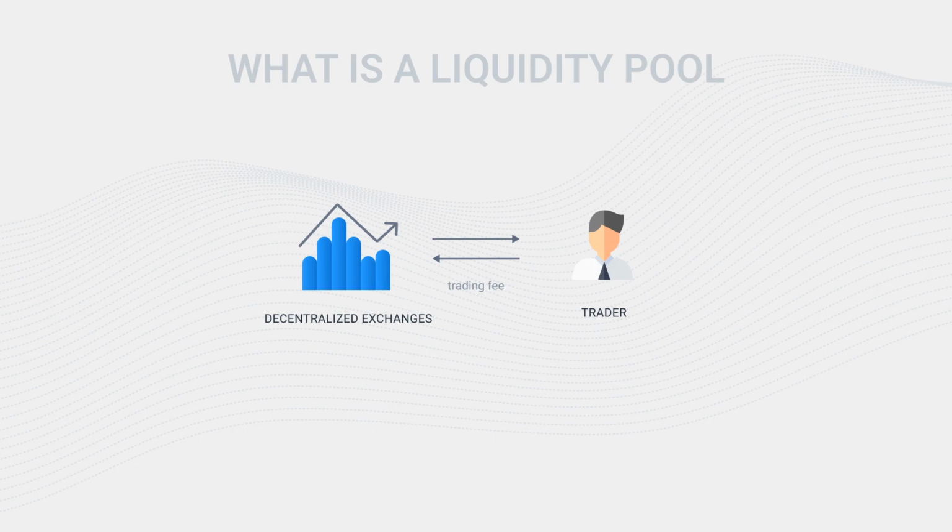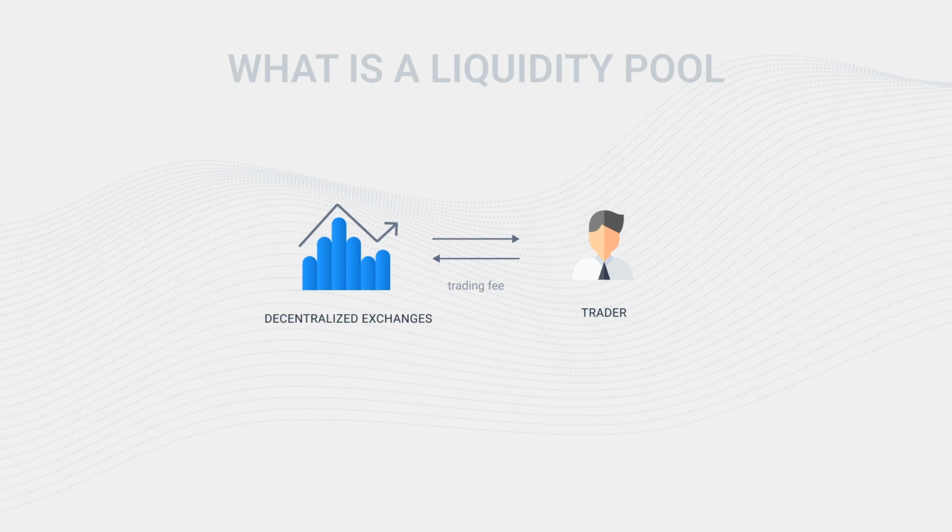Now, if we take a look at this from a trader's perspective, going from right to left in that image, we are a trader and we are using a decentralized exchange in order to purchase or sell a specific cryptocurrency. Of course, there are some fees along the way, and this is basically because a decentralized exchange is offering a service to the trader, and that's why there is a small fee, and that's also how the decentralized exchange makes money.